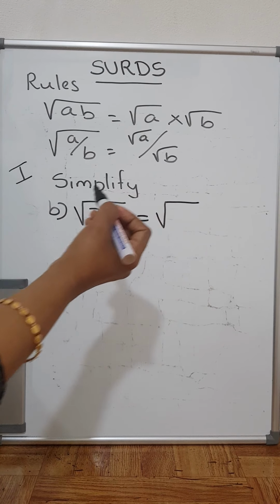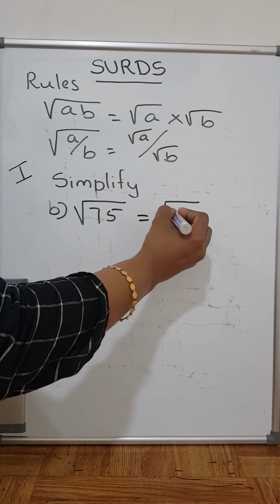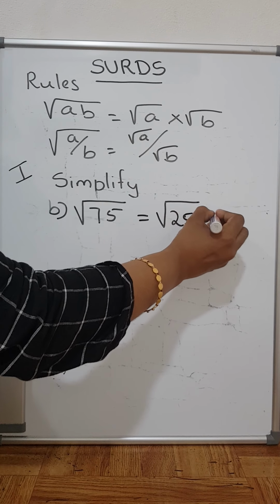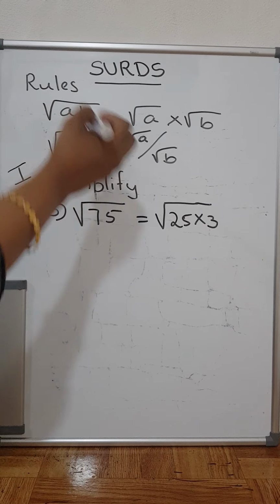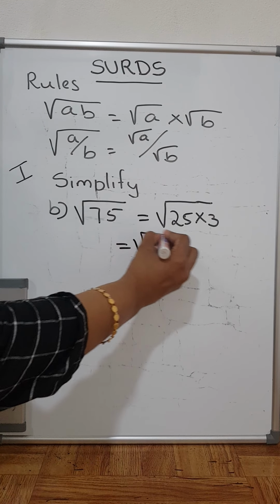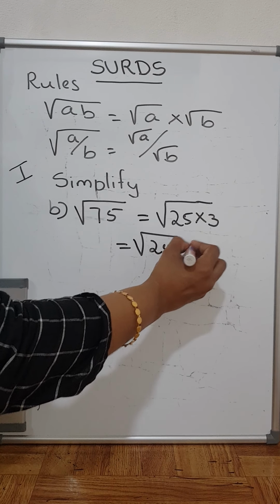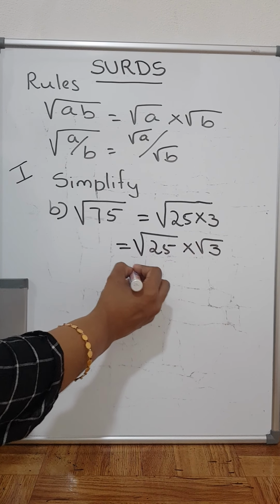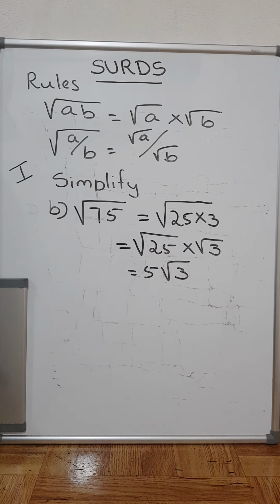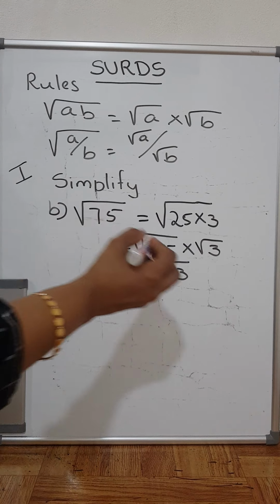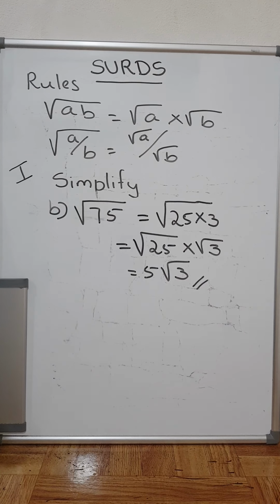So let's write 75 is 25 times 3. You see 25 is a square number. So using the first formula we can write it as square root of 25 times square root of 3. Square root of 25 is 5. Root 3 cannot be further simplified. So it is 5 root 3. If you are using calculator, directly write it.